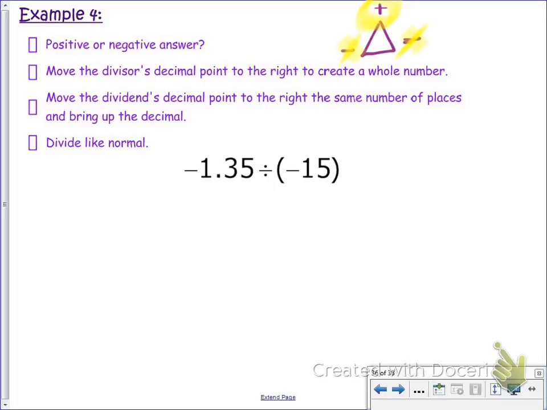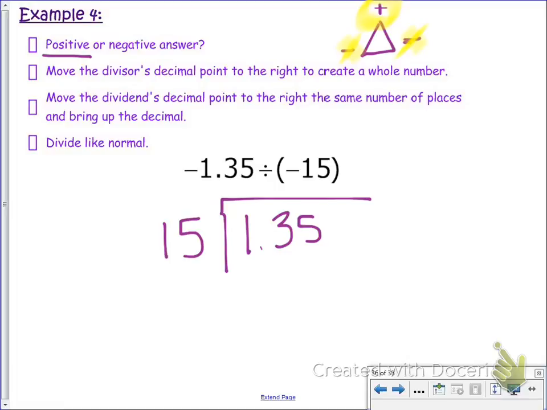So I'm going to put that 1.35 inside the house because it is the dividend. And then I'm going to put this 15 outside the house because it is the divisor. Now, in this type of problem, it is completely okay to have decimals in the dividend. I can have decimals, no problem.